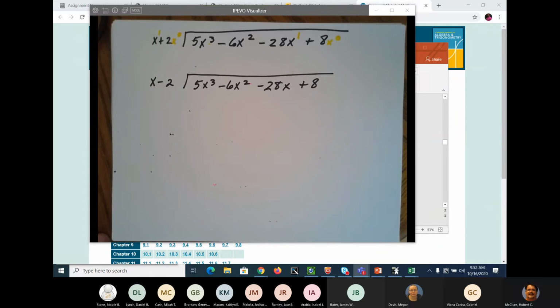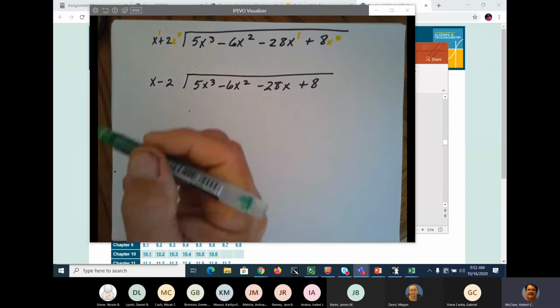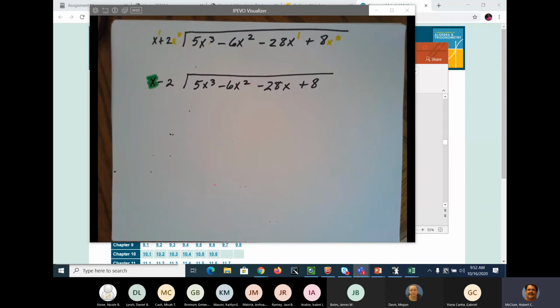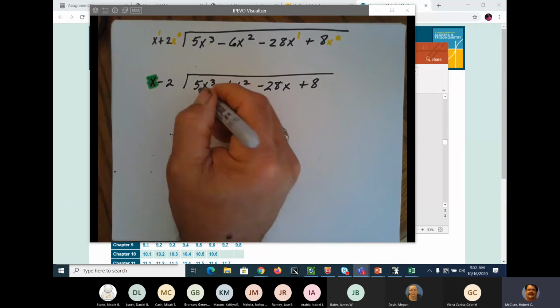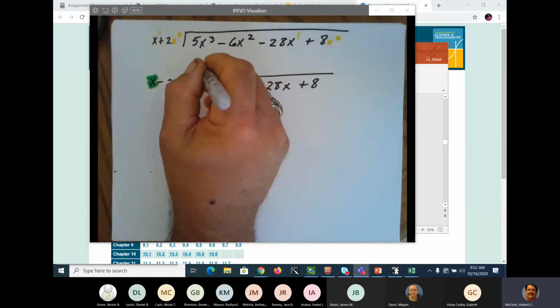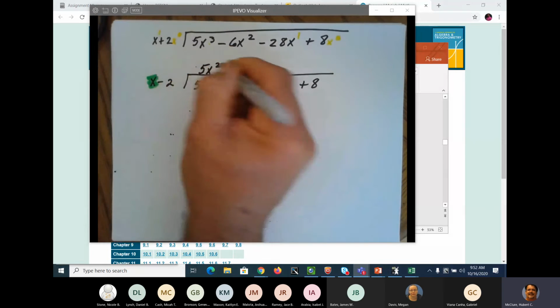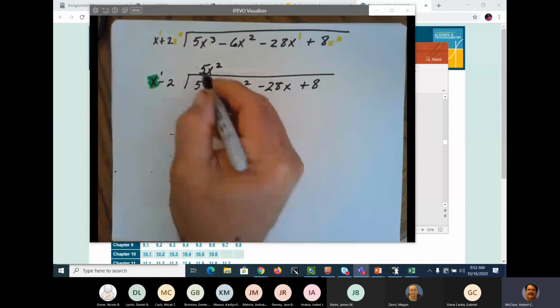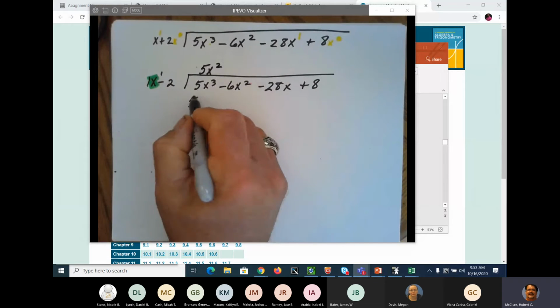Okay. So here we go. I'm only worried about this X. And yes, I'm going to keep highlighting it until y'all are sick of me highlighting it. X will go into 5x cubed, 5x squared, because that's a 1. So 5 times 1 is 5.